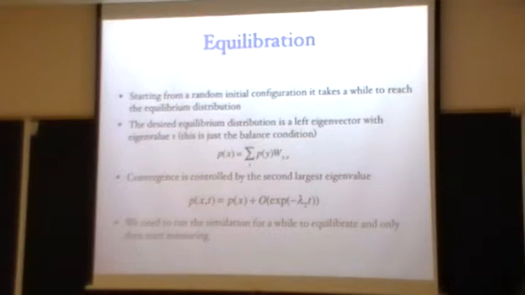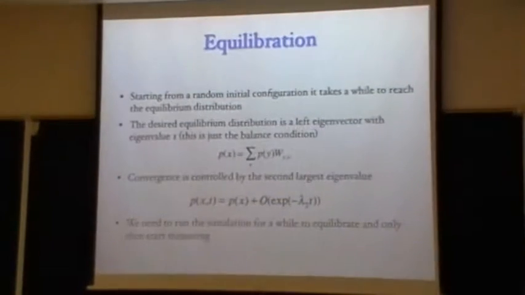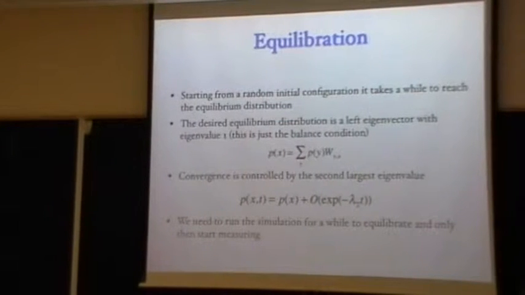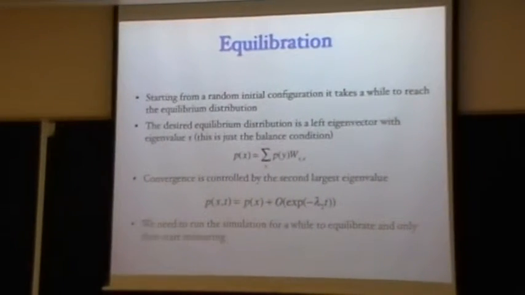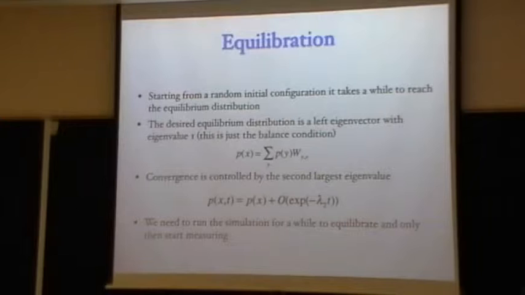One last thing here is the equilibration. We don't start in the fixed point case. We start in a configuration where the spins might all be up, for example. So the starting distribution is one where one configuration has weight 1 and all others have weight 0. So it will take a while until we reach the equilibrium distribution, that P here.